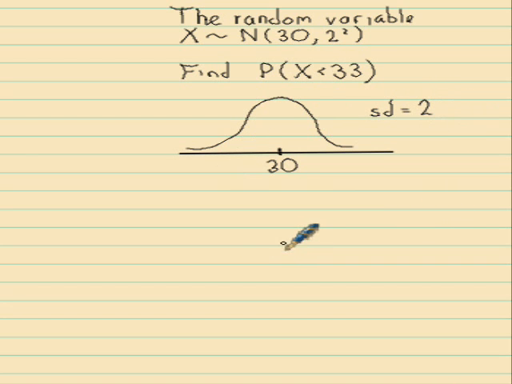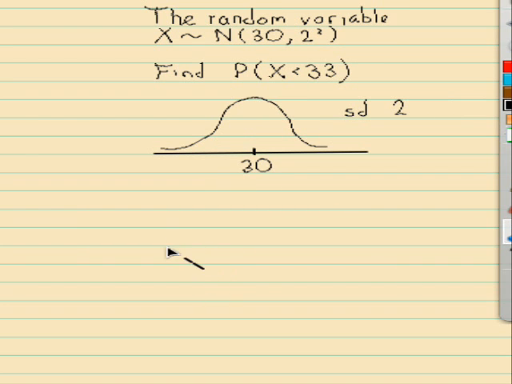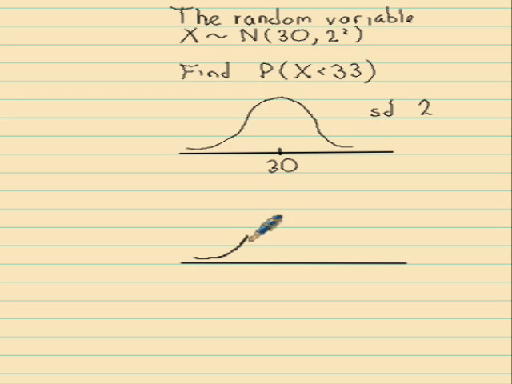But there's not much I can do with this, because all of my tables in the book relate to the standard distribution z, which has a mean of 0, and we can see the standard deviations here, and it's picked such that the entire area underneath the curve adds to 1.